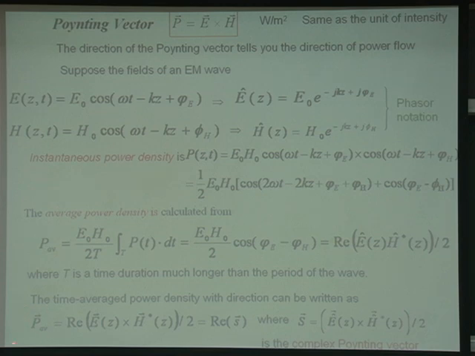You have an average power density going along some direction, and it also gives you the information of the magnitude. So there is both direction and magnitude information in here. Okay, any question?